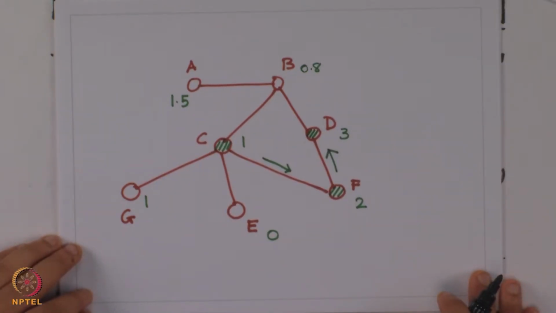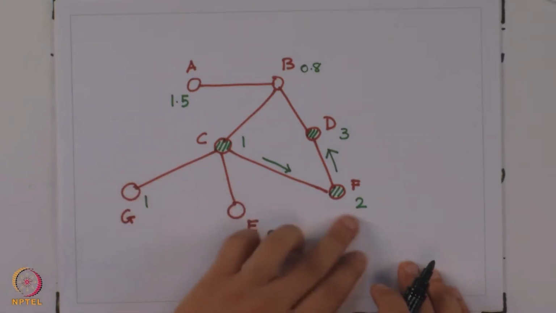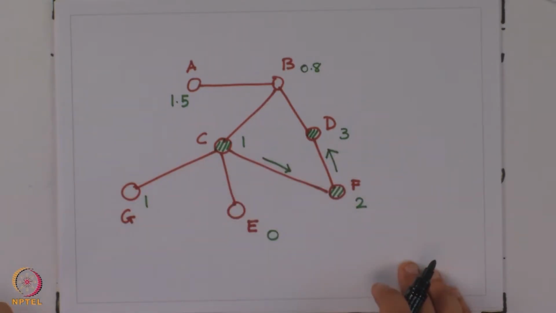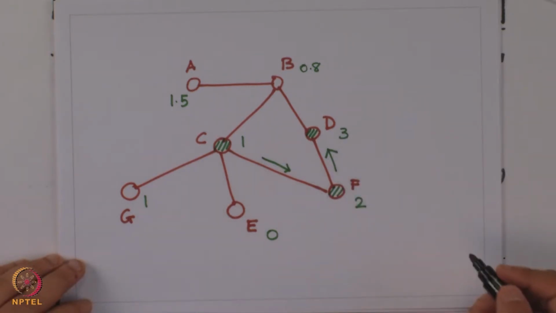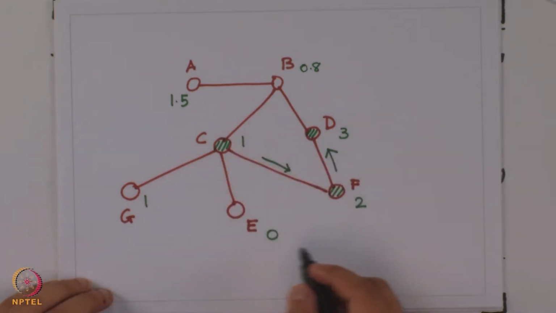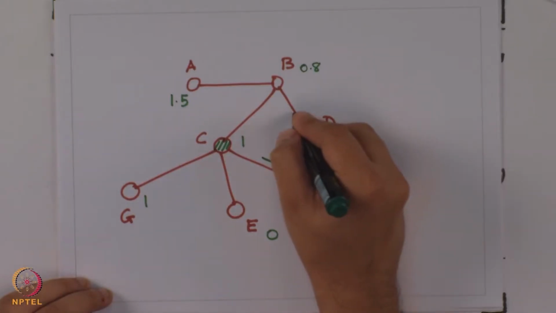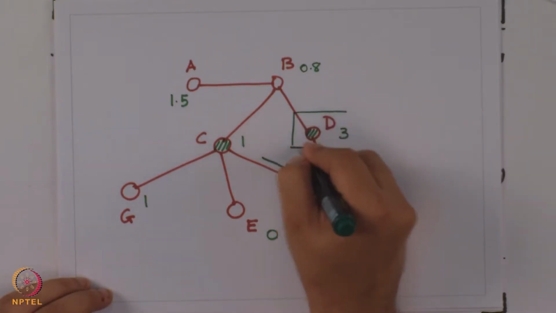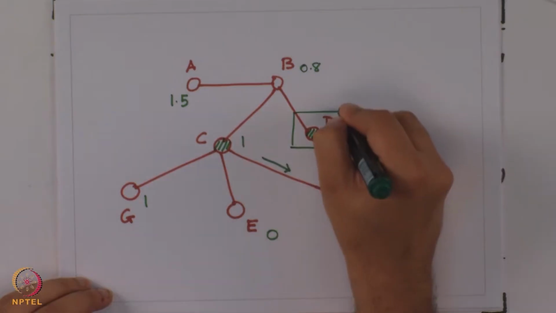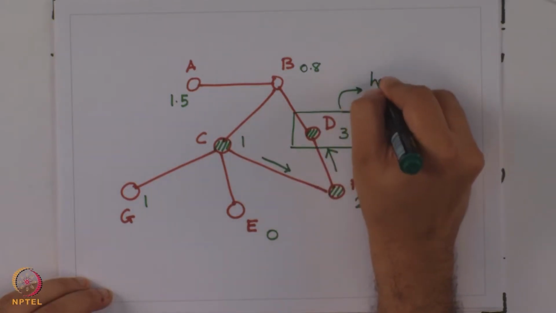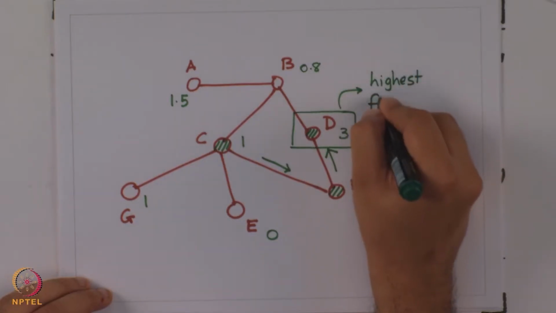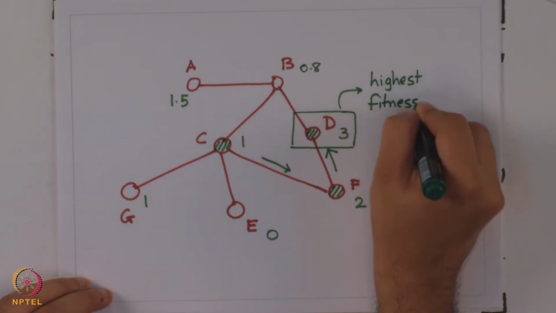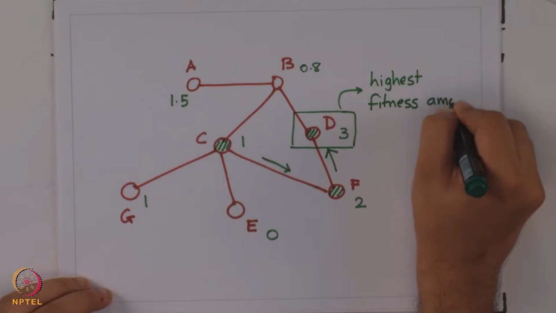So from C, this is the direction that the population will move, and eventually end up at node D starting from C. We can see that this ensures that the population ends up at the node which has the highest fitness among all nodes.